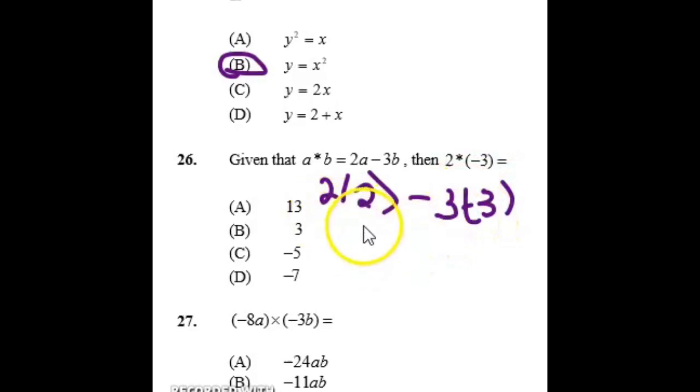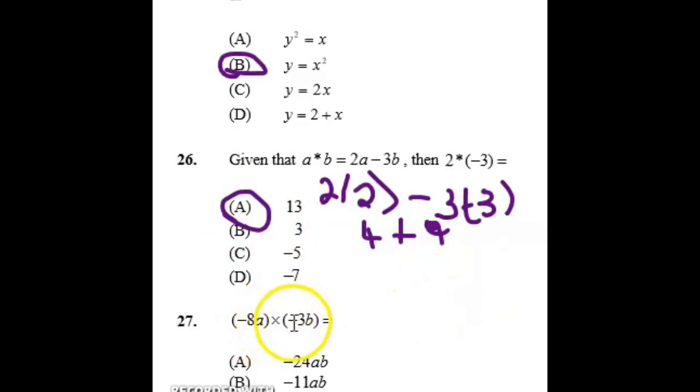So here we have 2 2's 4, and we have negative 3 times negative 3, and that would have given us positive 9. 9 plus 4 would have given us positive 13.